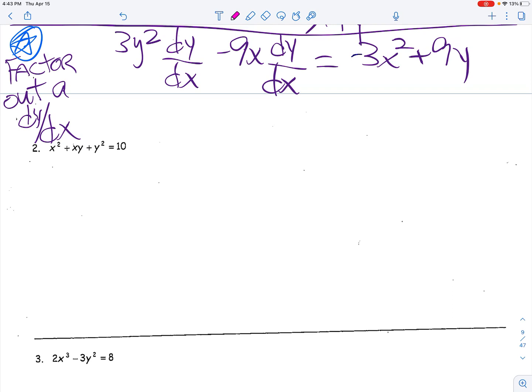So here we are, page 2, number 2. Find dy dx, right? Get the derivative.